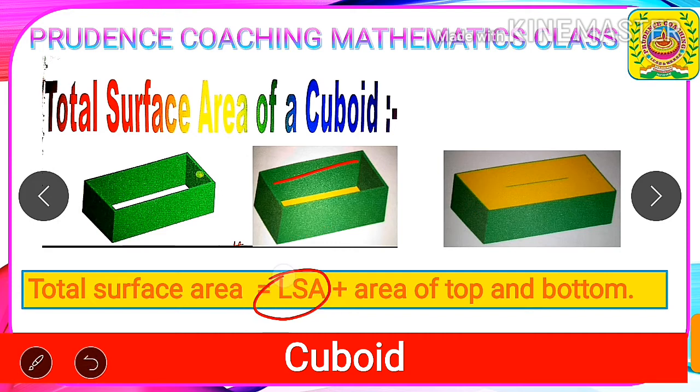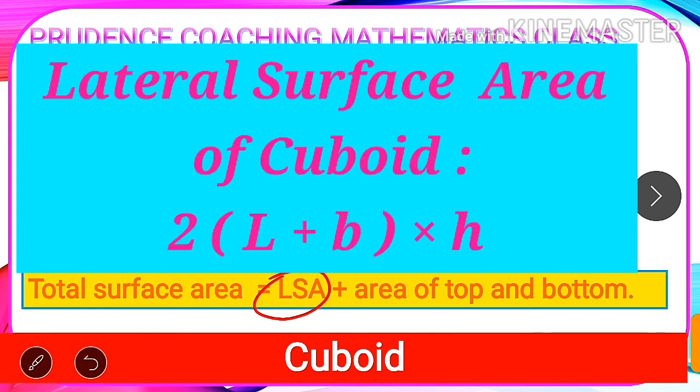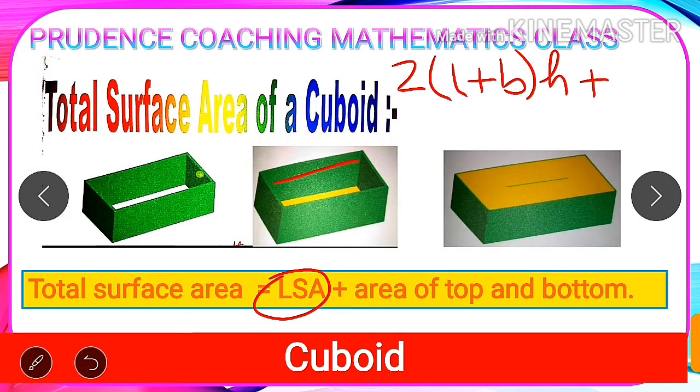So let us see the formula. We know the formula of lateral surface area. Just now we have learned that lateral surface area is 2 into (L plus B) into height. With this we need to add the base area and the top area. As you can see, we have a rectangle as our top and our base, and we know the area of a rectangle is length into breadth. So we are adding 2 areas like this, one on the top and one on the bottom.